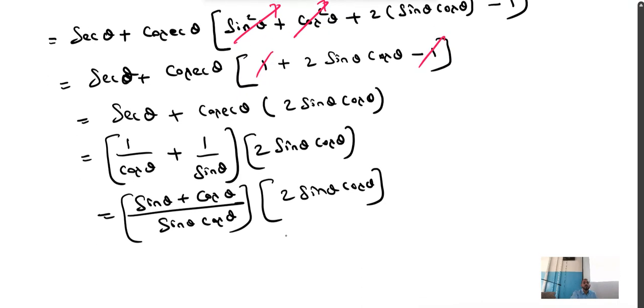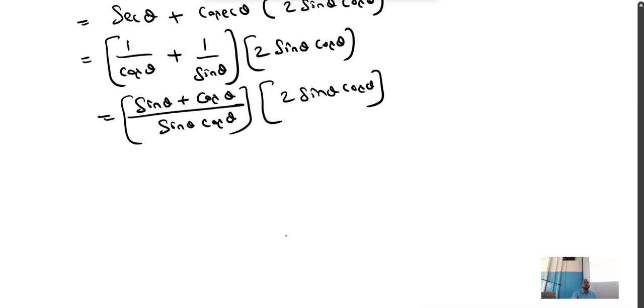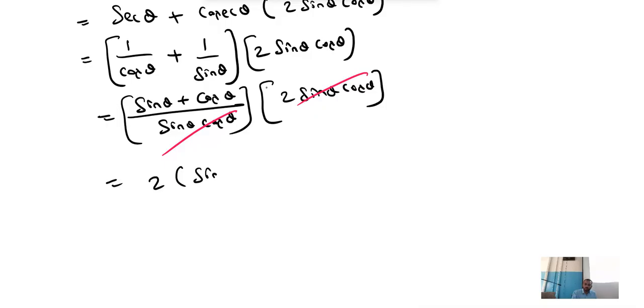Now can you see this? This sin theta cos theta and this sin theta cos theta get cancelled because it is multiplication. Correct. Now what is left out? 2 into (sin theta plus cos theta) is left out.